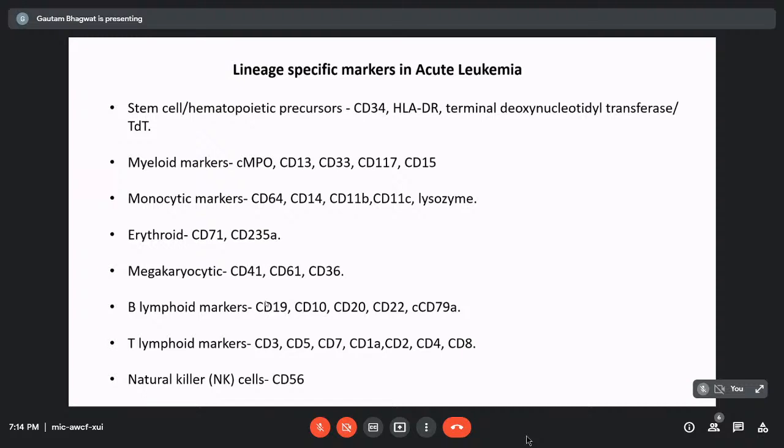The more you see the flow cytometry plots, the more you get accustomed to the markers, which marker is present in which lineage, and the less you would need to mug up these markers. But at least a basic understanding is very, very important. So there are certain markers which are stem cell markers, certain are myeloid, such as MPO, CD33, etc. I'll not go into this, but knowing these markers is very, very important.